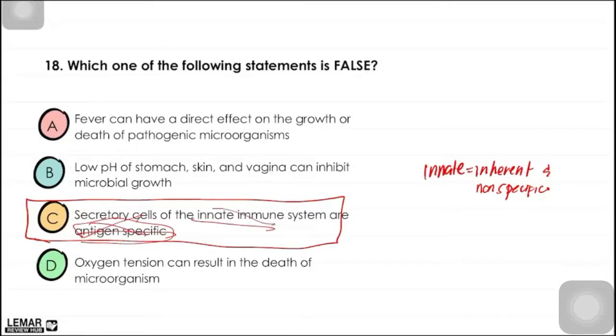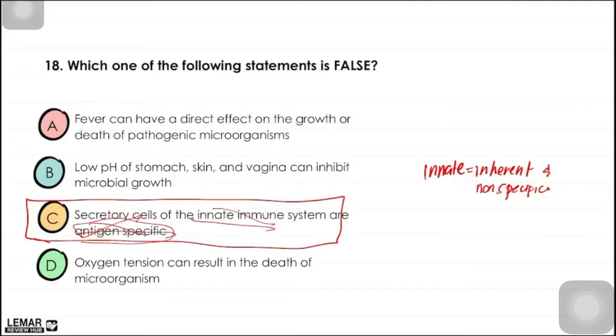So fever will have a direct effect on the microorganism, and therefore it can inhibit the growth of the microorganism and will later on cause death. pH has a direct effect on the pathogens, limiting their survival or their ability to reproduce. And we have your oxygen tension.